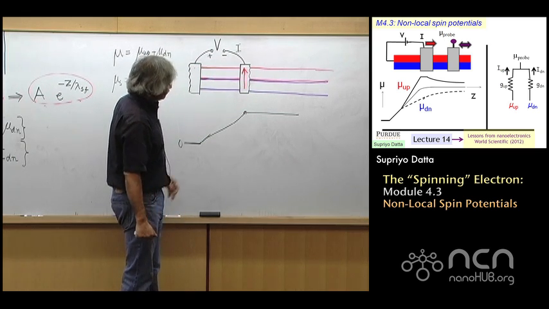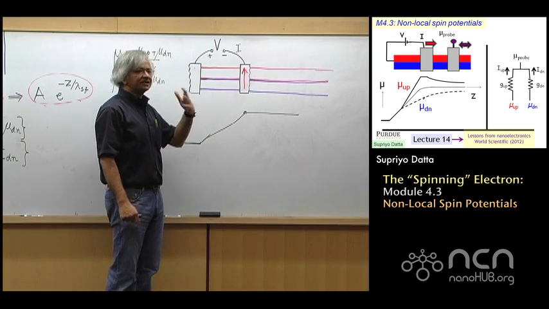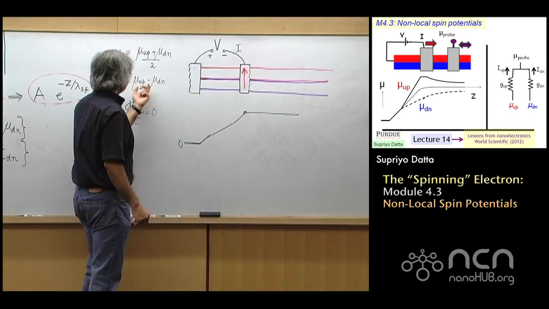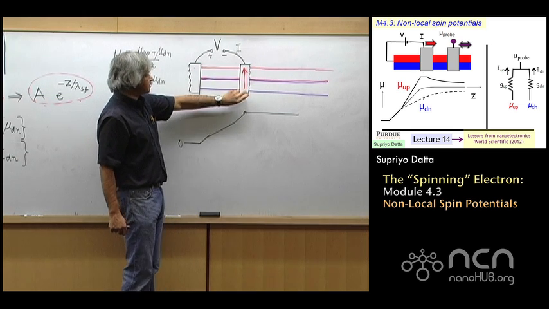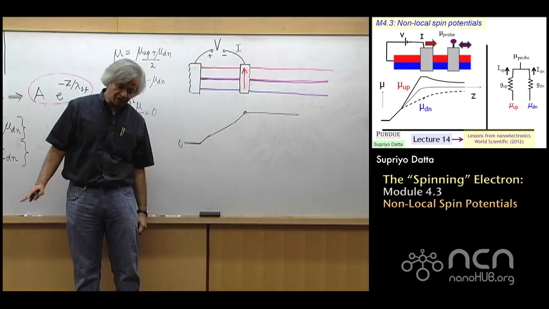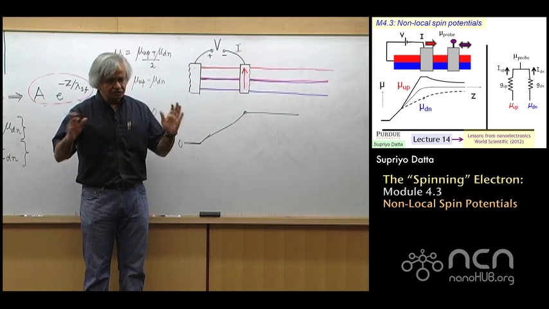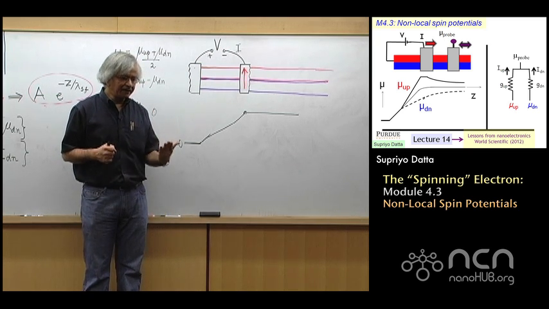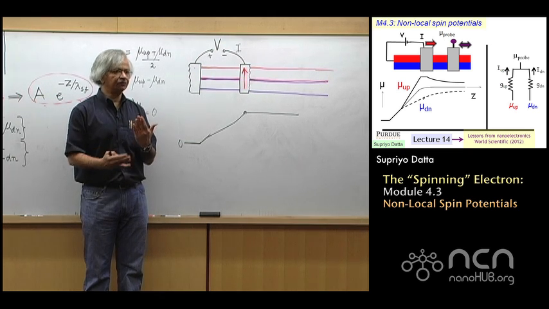Now the point is that when you look at the spin potential, let's think in up and down first. The up and the down will experience different drops across that interface, because as we have seen in modules 1 and 2, the basic phenomenon that leads to all these effects we are talking about is the fact that a magnetic contact has a different interface resistance for up channels and for down channels.